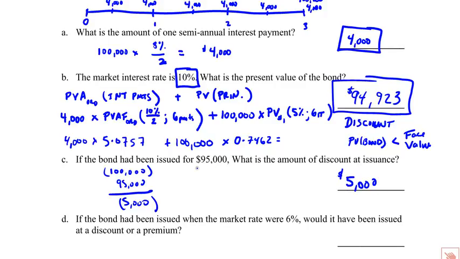How about question C2? What is the discount for the bond we just present valued? 100,000 less 94,923 is 5,077.